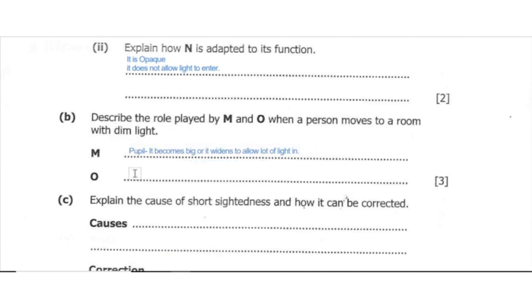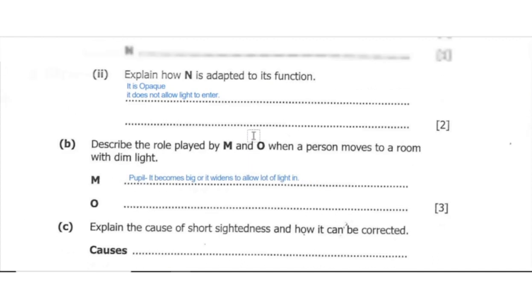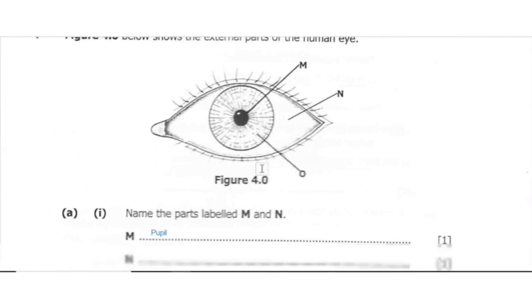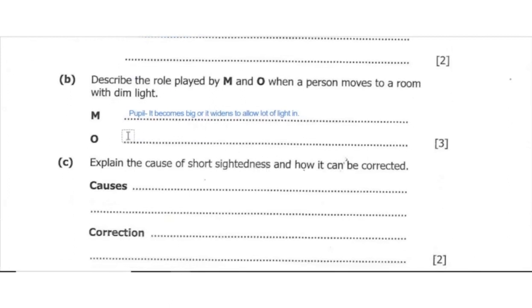Okay, so we come to O. What is O? This is the iris. So what will happen to the iris? The muscles will contract.